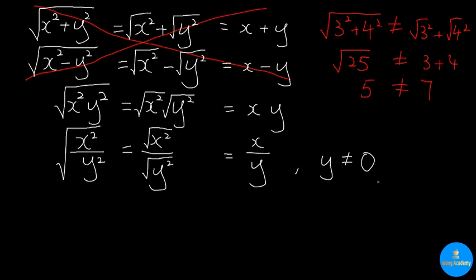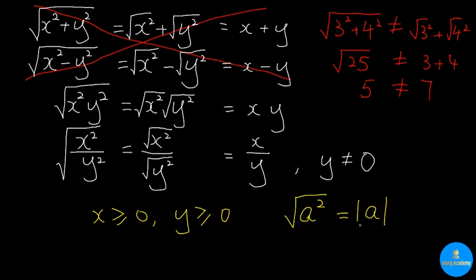As for the next two, they are almost correct, except that we have to put in the extra condition x and y are both non-negative. Why? This is because for general real number a, if we first square it and then take the square root, we will actually get the absolute value of a, but not just a.